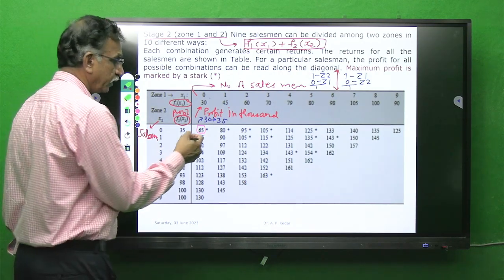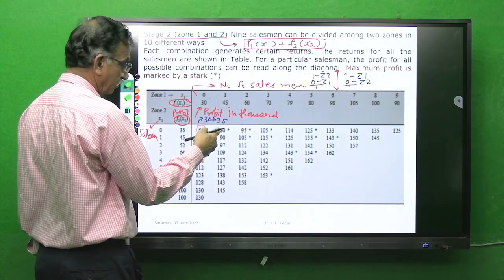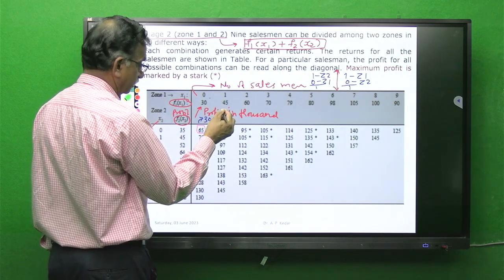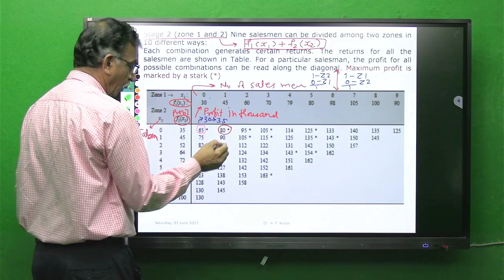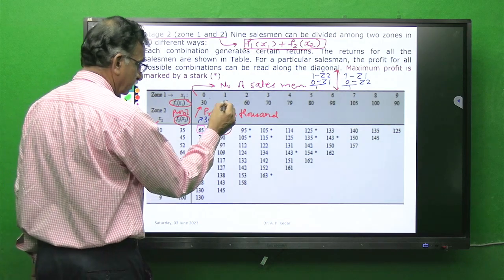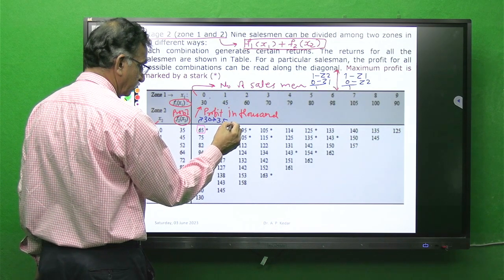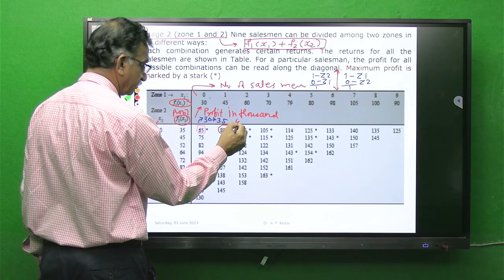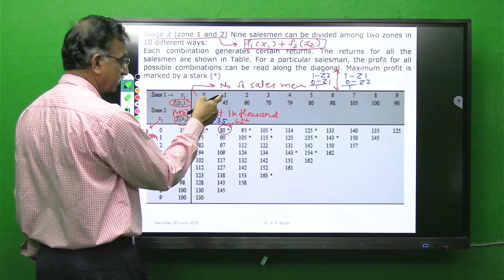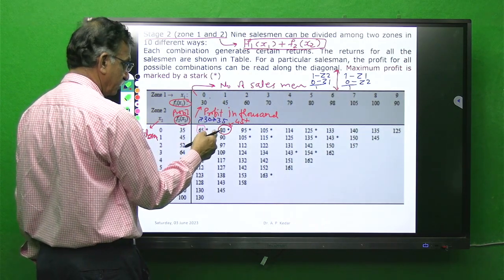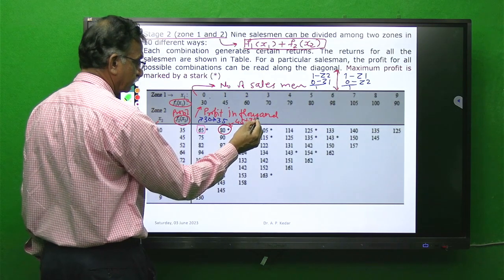See, if I take the first combination, I will be getting the value for this. This is how I get this value, 45, by deputing one salesman, and for this if I depute 0 salesman I get 35,000.